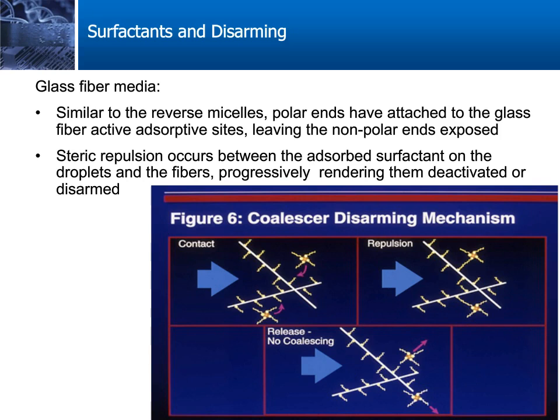The polar ends of the surfactants attach to the glass fiber active adsorptive sites, which is where the initial droplet capture should be happening. And what happens in the disarming process is these sites are taken over by the polar ends of the surfactants and gradually render a glass fiber medium unable to capture droplets.